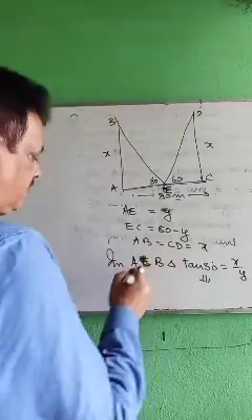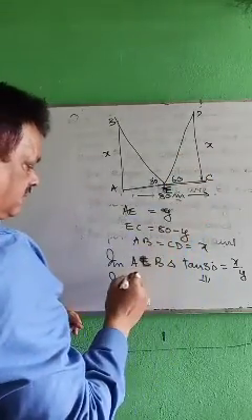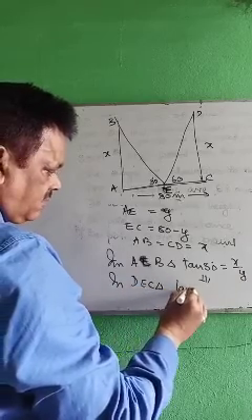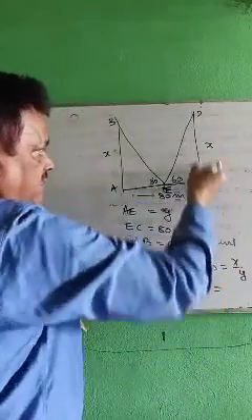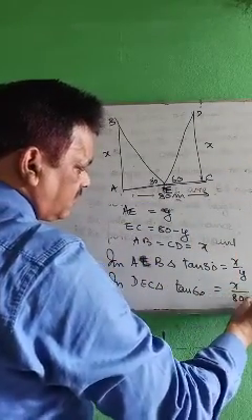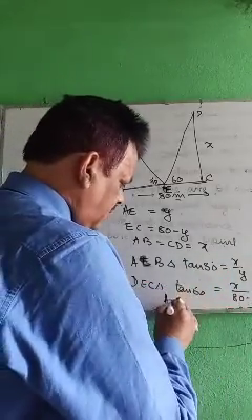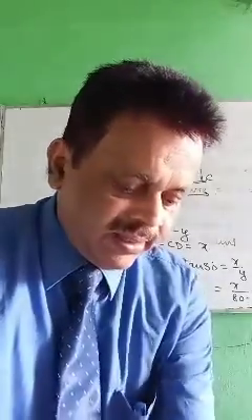Similarly, in DEC triangle, tan 60 equals to perpendicular by base. This is X by 80 minus Y. So put the value, simplify it. This part I am leaving as homework for you. Complete it. Okay. Now let's see the next question.